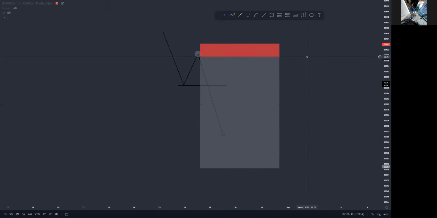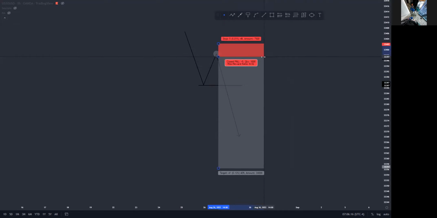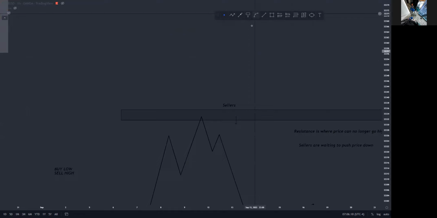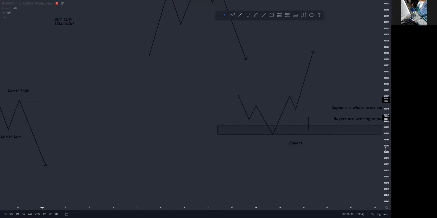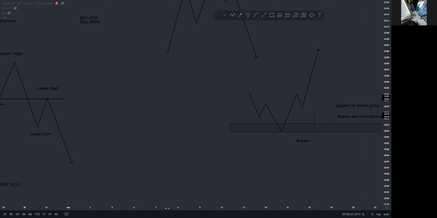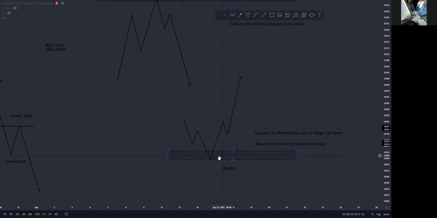If you're ever selling, you want to look for an area where price is hitting a level of support. So remember, what is a support? It's an area where price is waiting to buy back up. An area of support is where price is normally going to buy up. You see how price was selling and came here and then started buying.